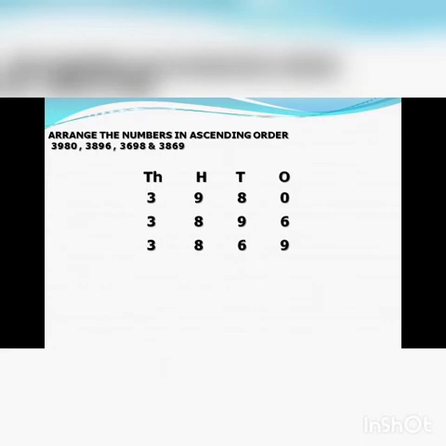So now start comparing the digit at the tens place of 3896 and 3869. We notice that 6 is smaller than 9. Therefore, 3869 is smaller than 3896. So, 3869 is the second smaller number.